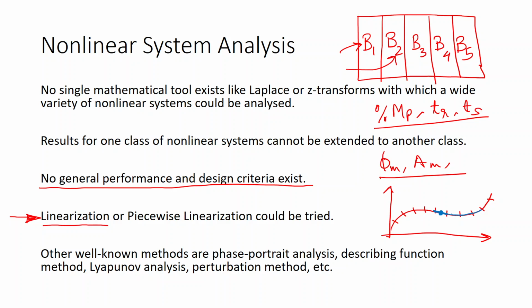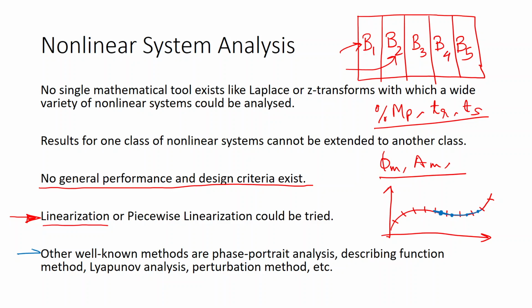We take different operating points and we linearize, and then we can analyze the system also. However, this approach is quite tedious in nature. One reference point linearization is good, but if you have to linearize for all these points, then it is basically a very difficult problem we are trying to solve.